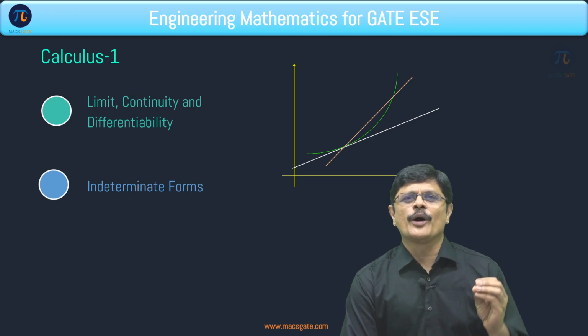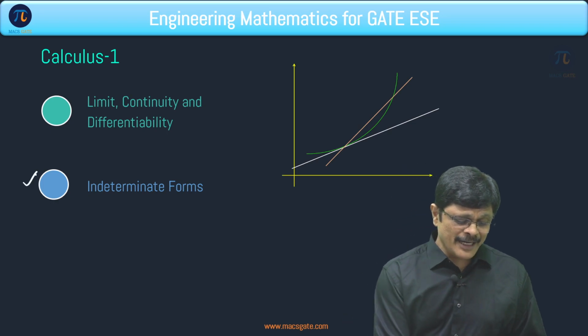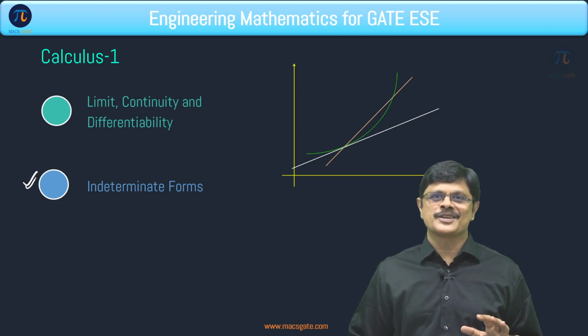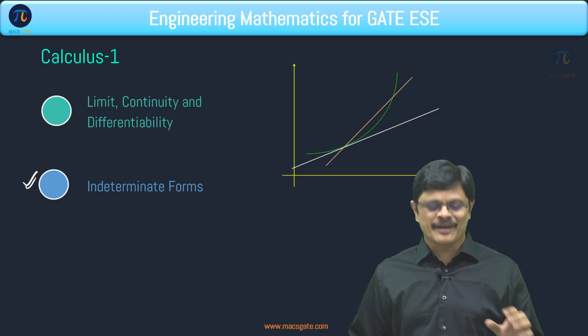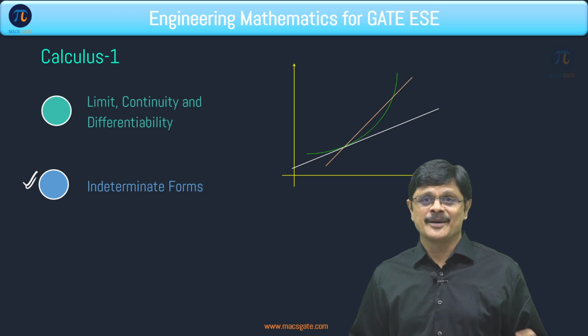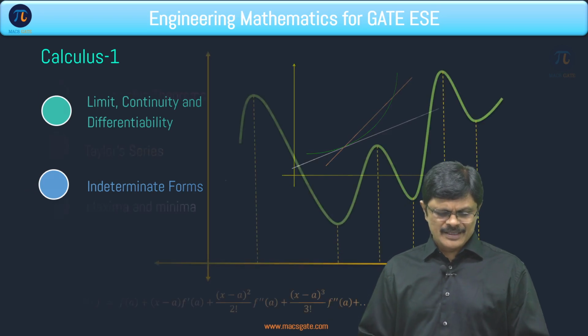We need to know about limit, continuity and differentiability. And there is a very interesting topic called indeterminate forms. You can find a number of questions from indeterminate forms which were asked in the GATE examination. You can say around 40 plus problems were asked in GATE in this particular topic. Even in the ESE examination, it is very important.